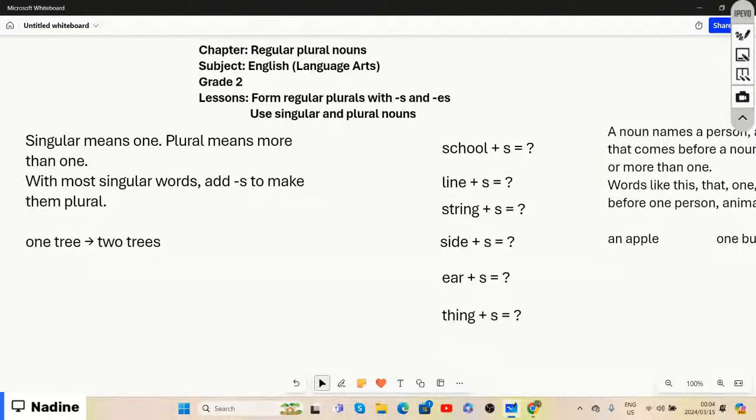So once again, singular means one, and plural means more than one. It can be two or more, anything that is more than one. And with most of the singular words, we just add S or ES to make them plural.